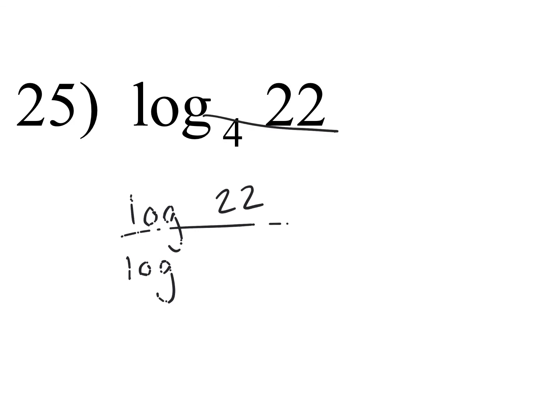So when we put this into our calculator, we have to do the change of base formula. So we have the log of what over the log of what? Which goes on top? 22. The one that's already up high goes on top. The one that's down low stays down low. So we need to put the log of 22 into our calculator.